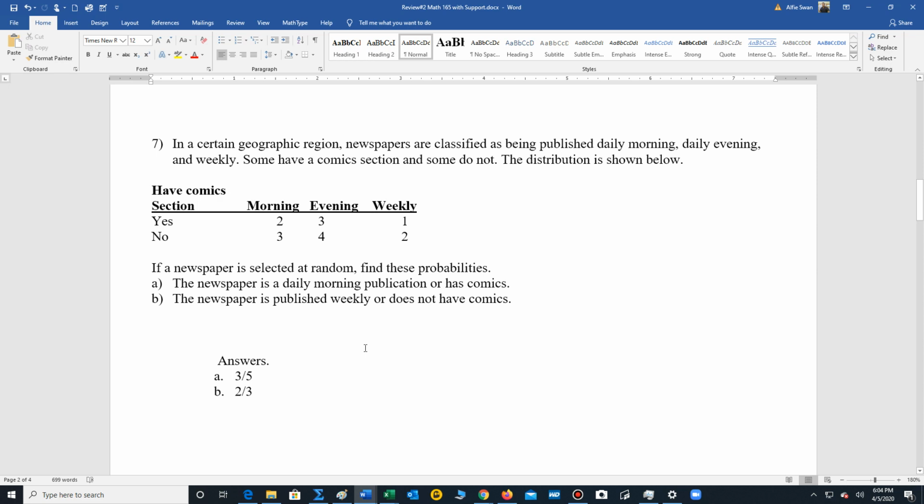In a certain geographic region, newspapers are classified as being published daily morning, daily evening, and weekly. Some have a comics section and some do not. So we have a contingency table. Some have comics, yes, no, and we have morning, evening, and weekly. So remember, the first step is we always want to find the sum of each row and each column.